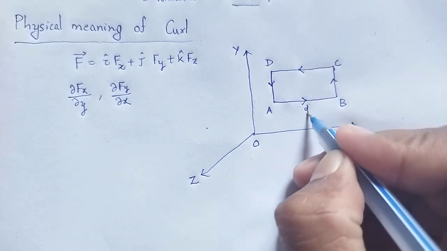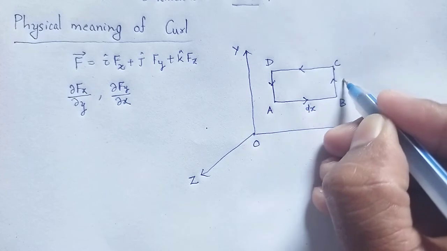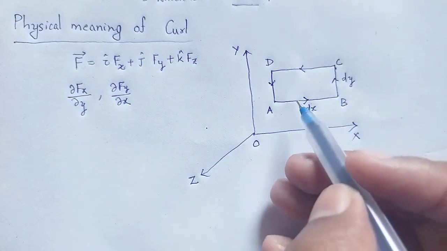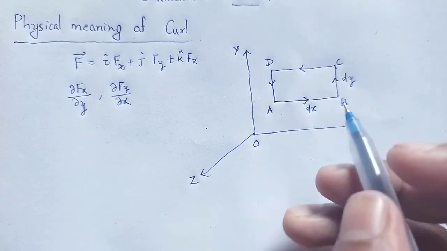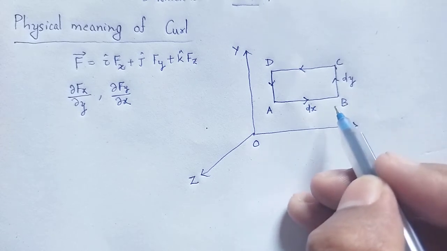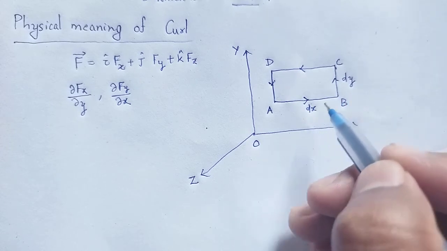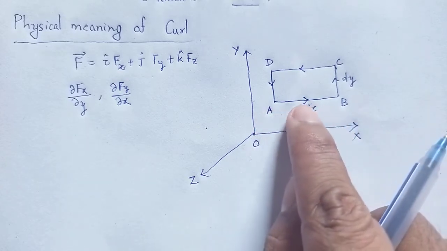Let dx and dy be the two sides of the rectangle, and the area of the rectangle is dx into dy. This is very small.